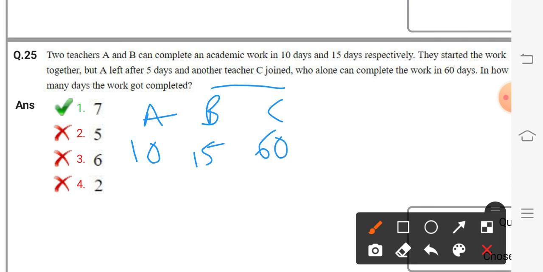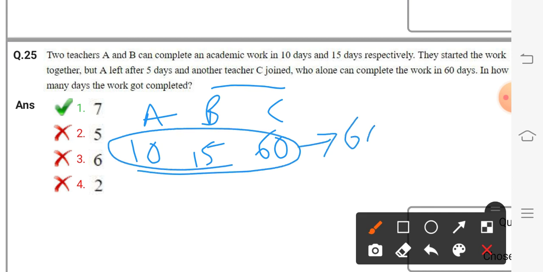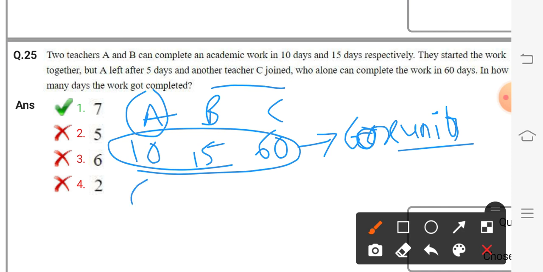Total work is the LCM of these three. So that is 60x. We consider 60x as the total work, 60x units. First person efficiency, that means capacity of first person, is total work by his time, which equals 6x.